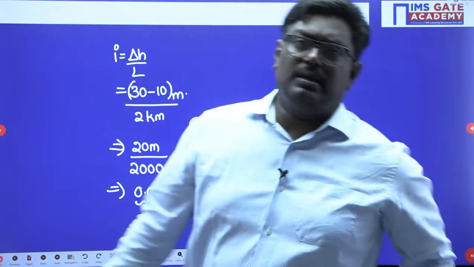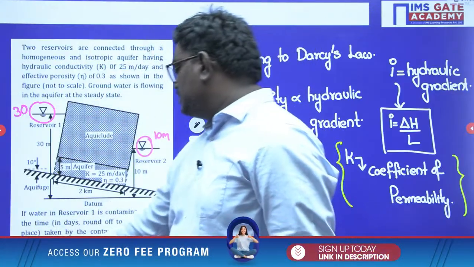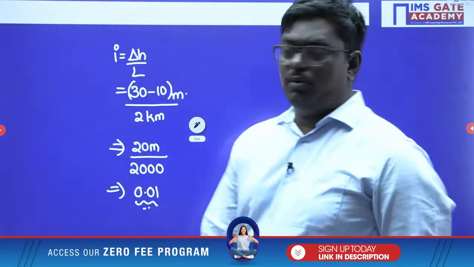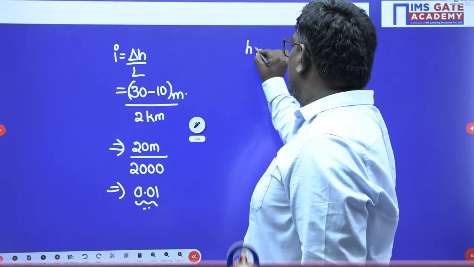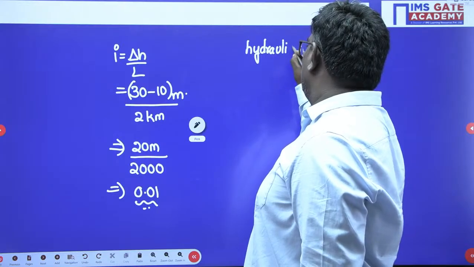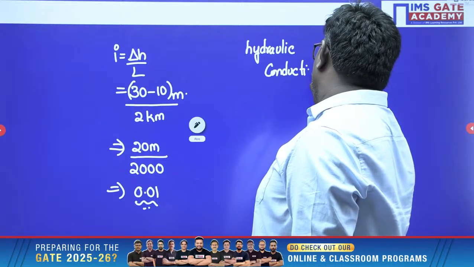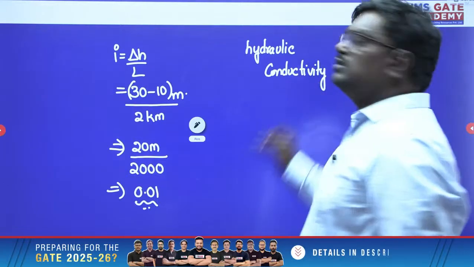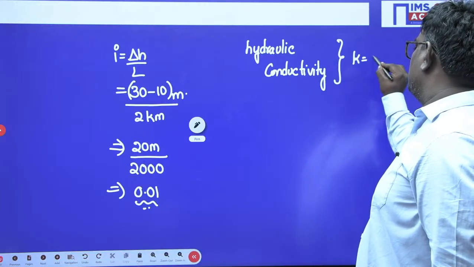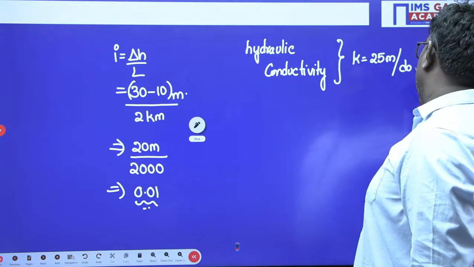Now some people will ask me here, hydraulic conductivity or permeability, are both the same? Yes, hydraulic conductivity or permeability, both are same. Here the hydraulic conductivity K is given as 25 meter per day.